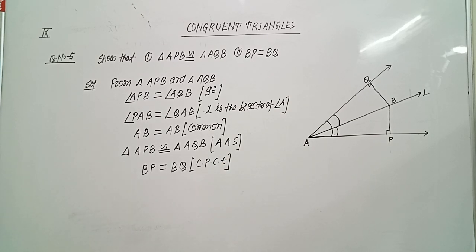So we prove that BP equals BQ and the two triangles are congruent.